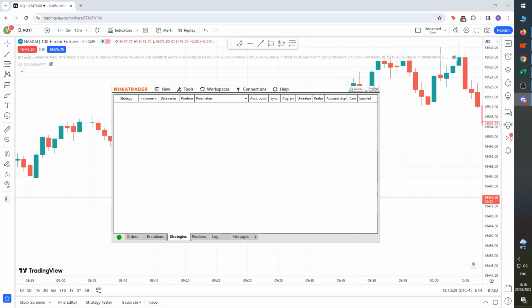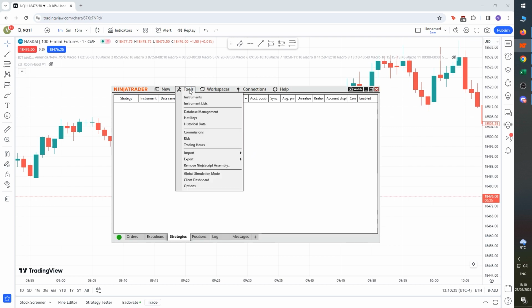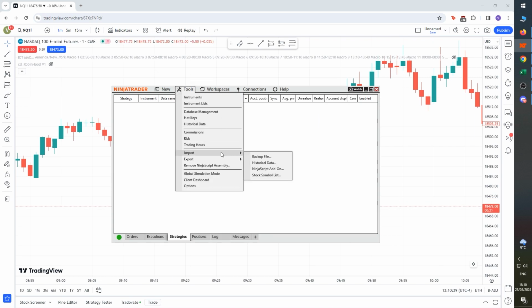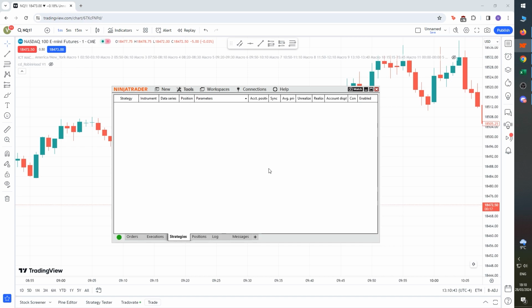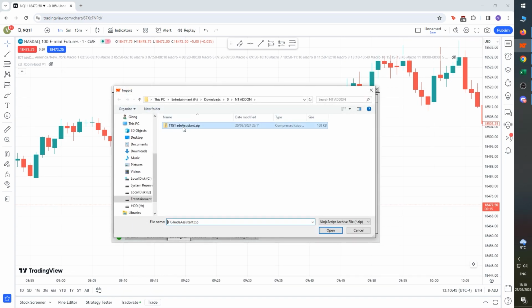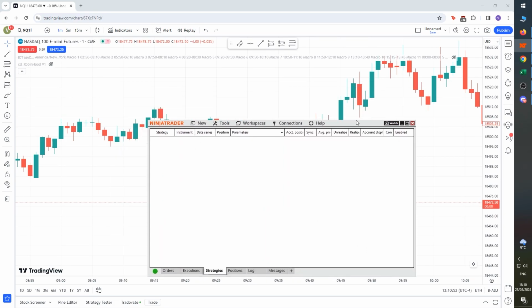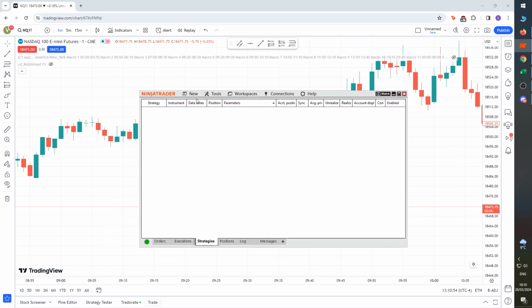Anyways, you download that trade assistant and you save it. And then here, in your NinjaTrader, you go to Tools, Import, NinjaScript Add-On, and then here it should show up. You just press open. And that's how you install the bot.